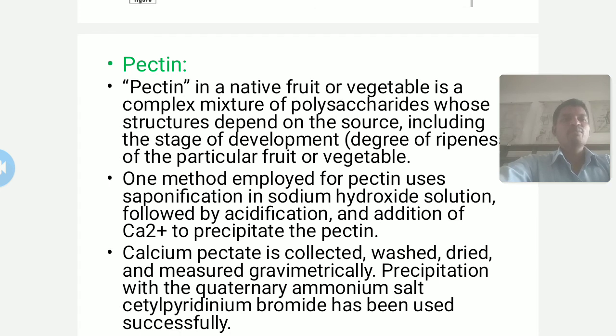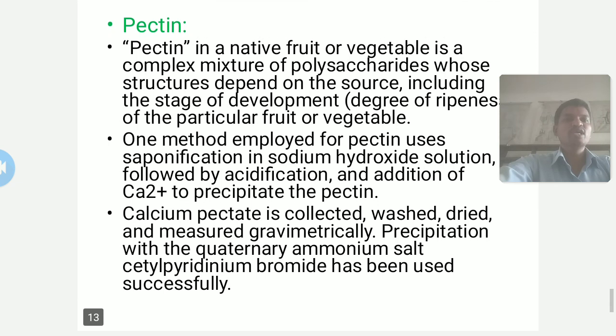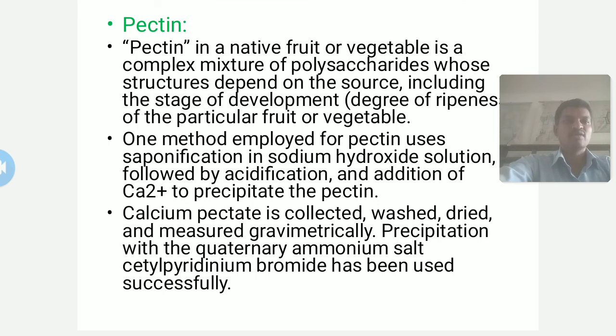Okay, one method employed for pectin uses saponification in sodium hydroxide solution, followed by acidification and addition of calcium 2 plus to precipitate the pectin. After addition of calcium 2 plus, the product, known as calcium pectate, is collected, washed, dried and measured gravimetrically.